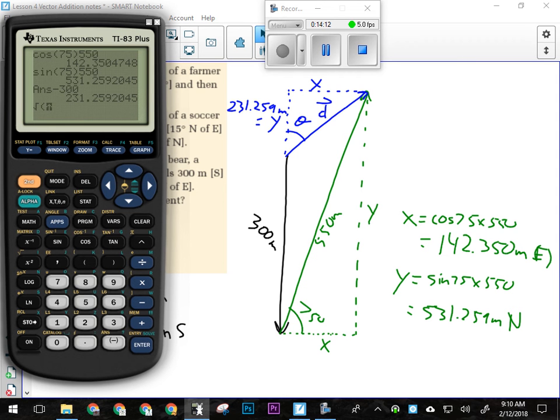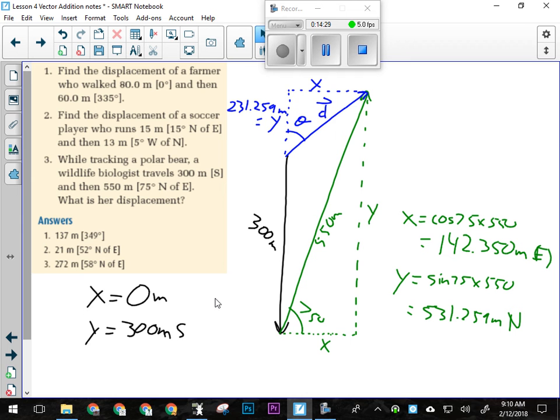So I'll take the square root of that answer squared plus 142.35 squared. So our overall displacement is 271 meters. We only have two significant figures here. They actually have a mistake here.